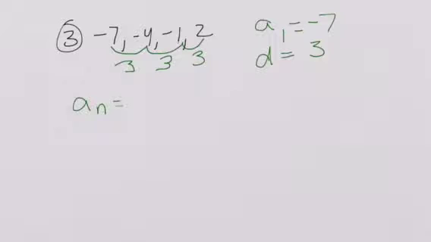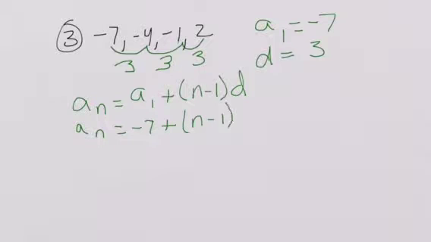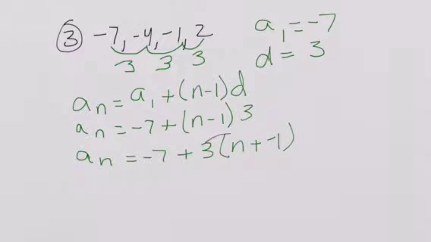So A sub n is equal to A1 plus n minus 1 times d. A sub n is equal to negative 7 plus n minus 1 times 3. We're going to rewrite so we can do distributive, and then we're going to go ahead and distribute.